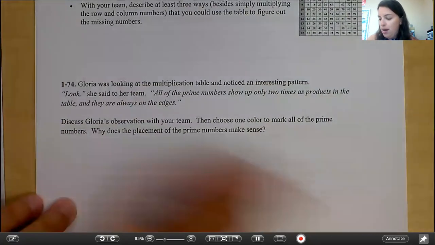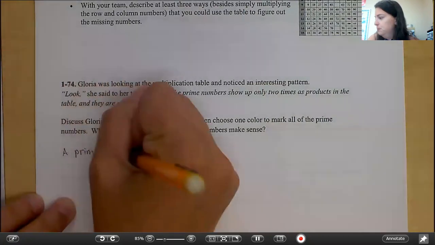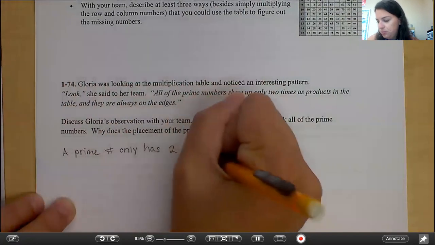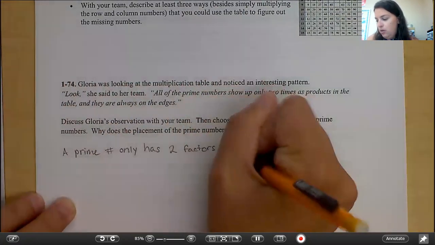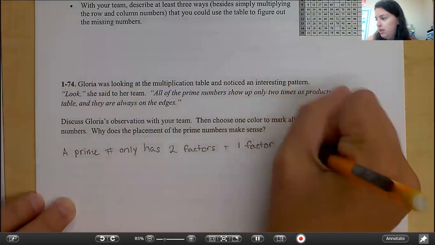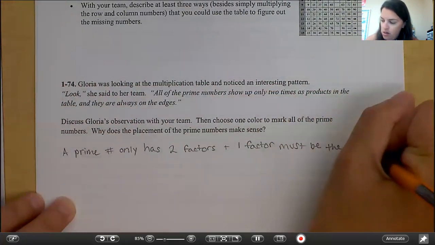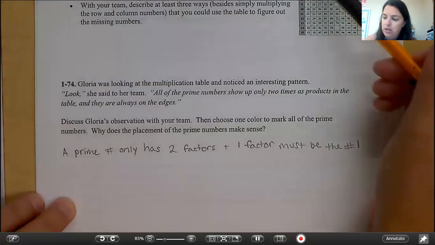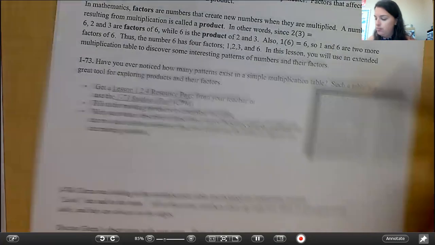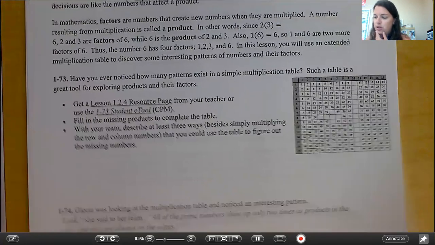So a prime number only has 2 factors, and 1 factor must be the number 1. So that's why if you're looking at the multiplication table, the number 1 column is all the way over here, so it would be on the edge. And you could have come up with something different, but as long as you support your answer, you will be good to go.